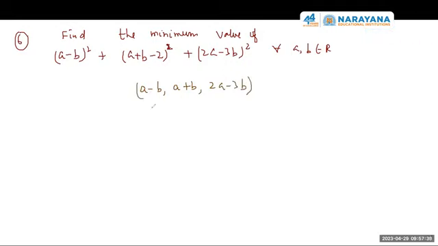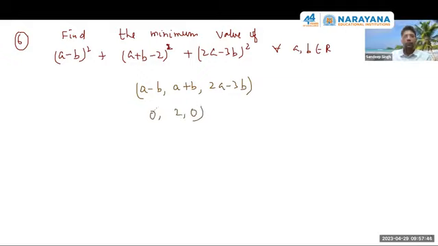Yes, sir. And then from 0, 2, and 0. Correct? So this coordinate a minus b, comma a plus b, comma 2a minus 3b, what is that? It represents a plane equation.